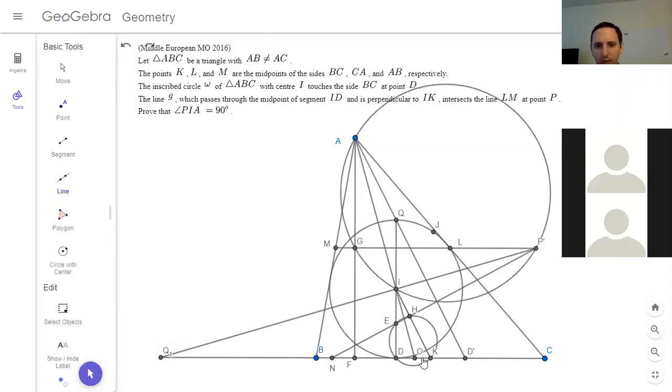So we know those are in harmonic conjugation. It seems like I is the best thing to project through, right? So maybe we could project through I onto AD prime. I think that might be the best. So what would K go to?